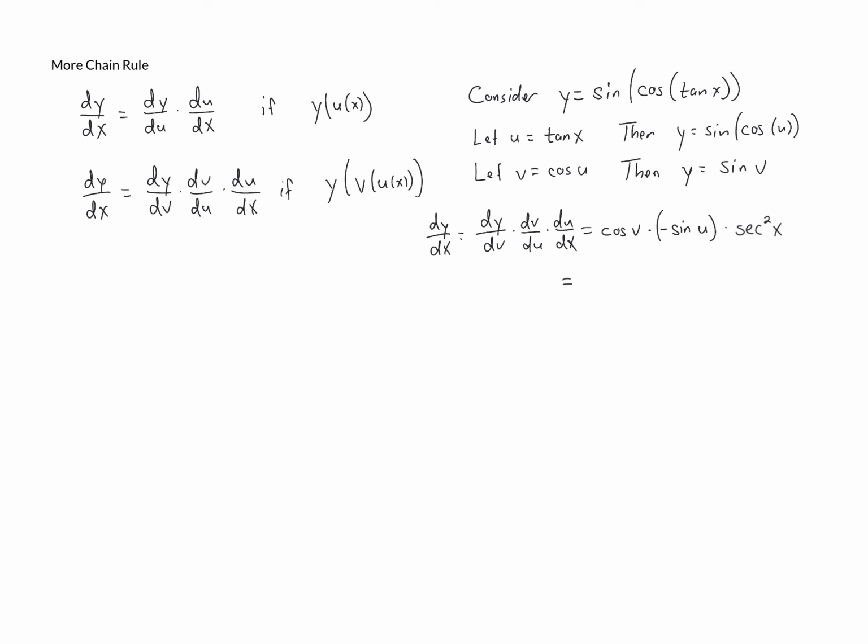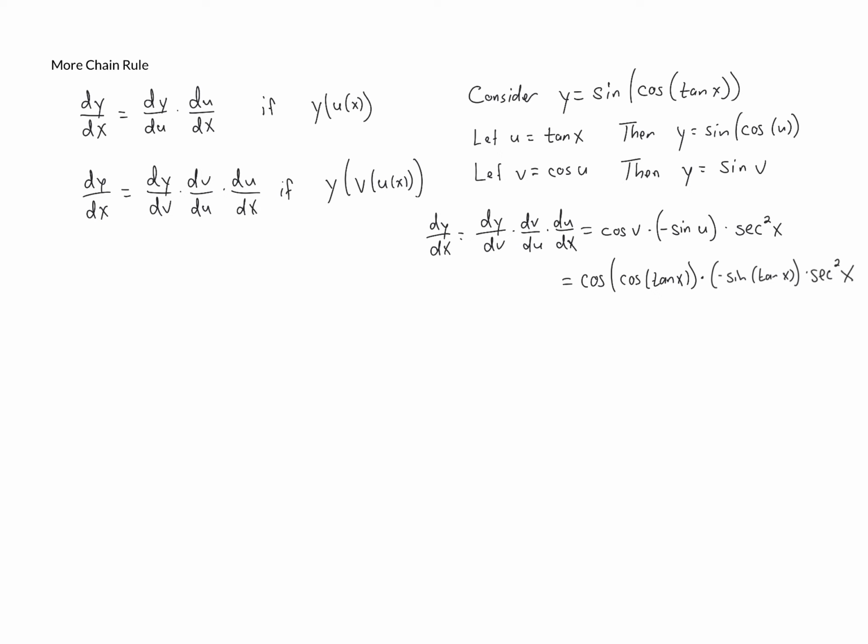And so this becomes cosine of tangent of x times negative sine u. But remember, u is tangent of x. So that's going to be times negative sine of tangent of x, and then times secant squared x.